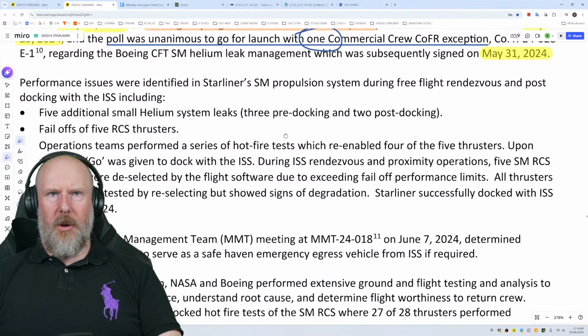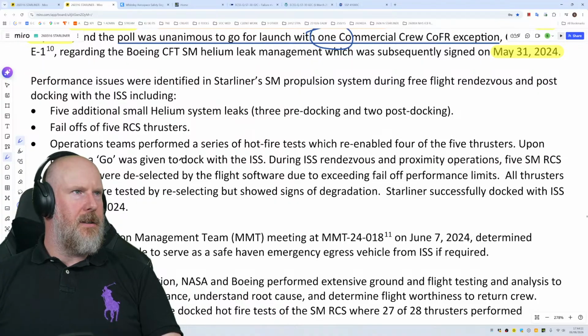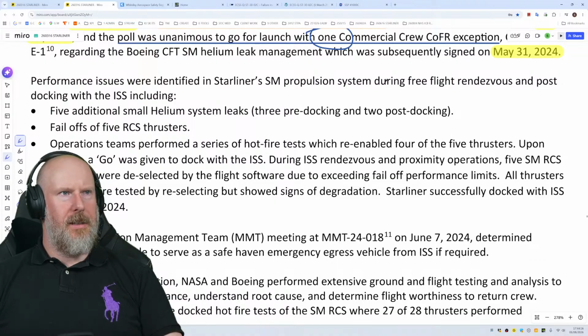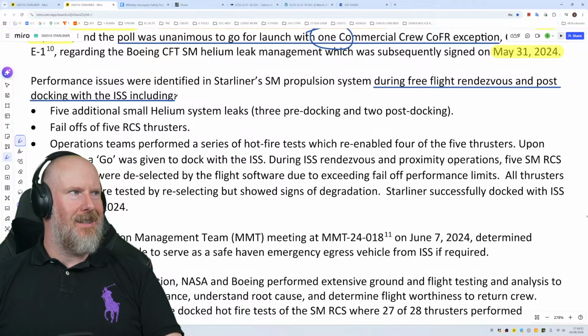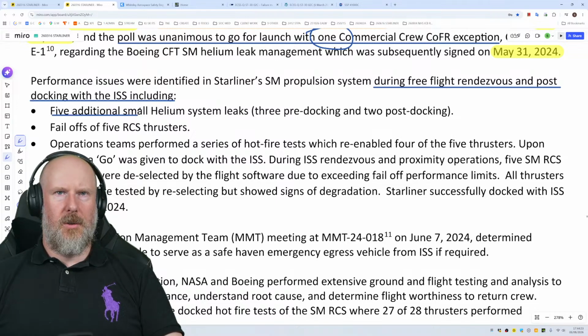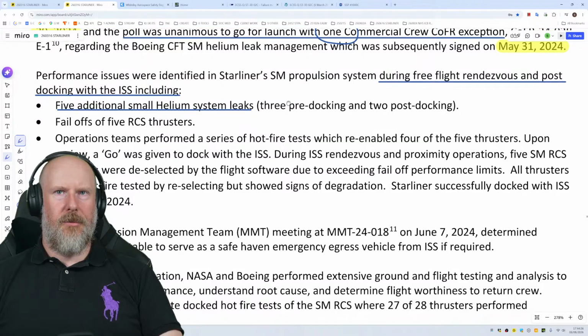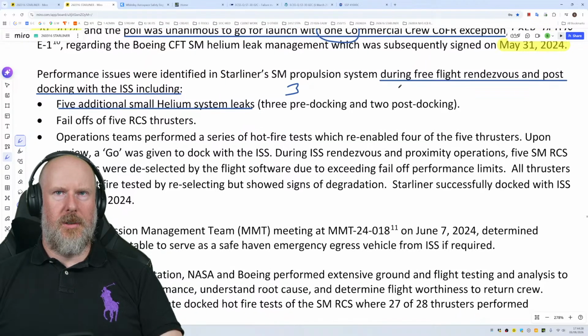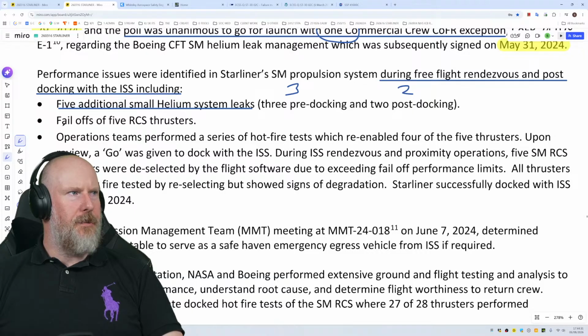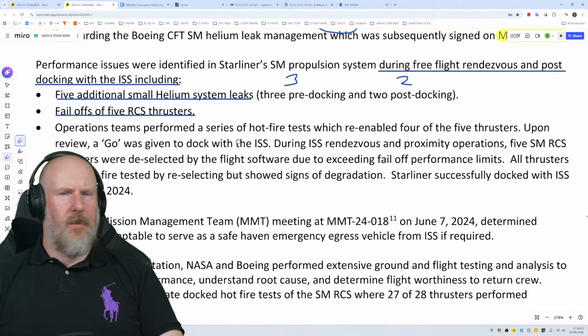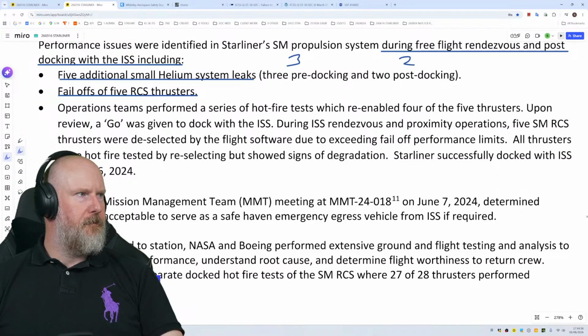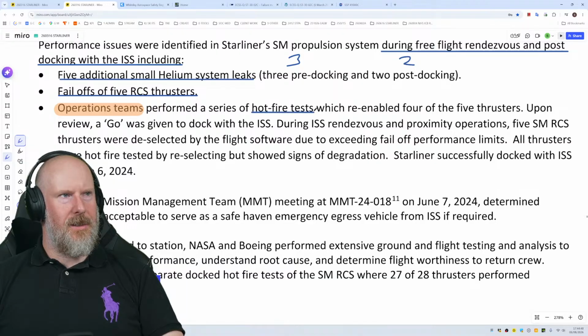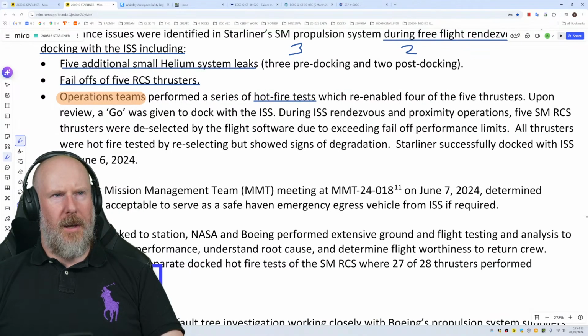Right. So performance issues were identified in Starliner's service module propulsion system during free flight rendezvous and post-docking with the ISS. 5 additional small helium system leaks, 3 pre-docking and 2 post. Fail-offs of 5 thrusters. Operations teams performed a series of hot fire tests, which re-enabled 4 of the 5 thrusters.